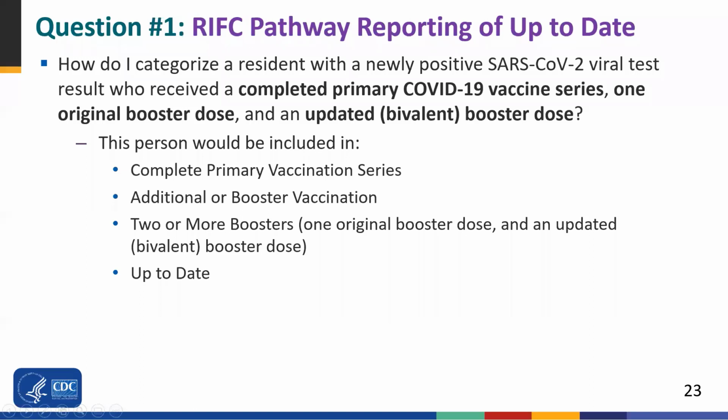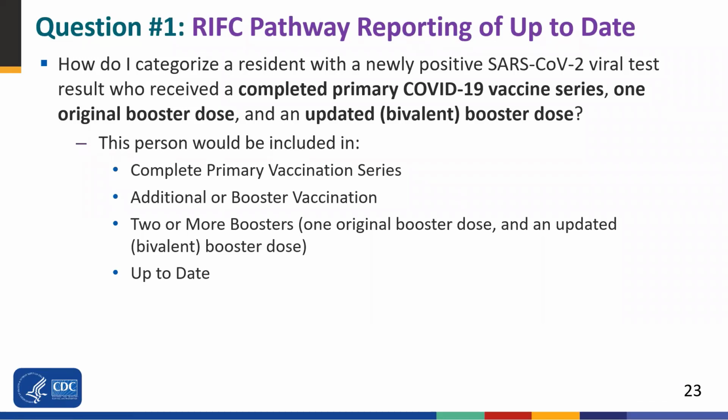So the question here is, how do I categorize a resident with a newly positive SARS-CoV-2 viral test result who received a completed primary COVID-19 vaccine series, 1 original booster dose, and an updated bivalent booster dose? So for this specific resident, they would be included in the complete primary vaccination series category, as well as the additional or booster vaccination category.